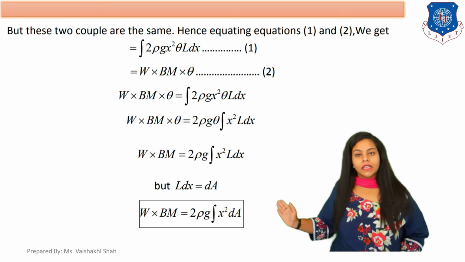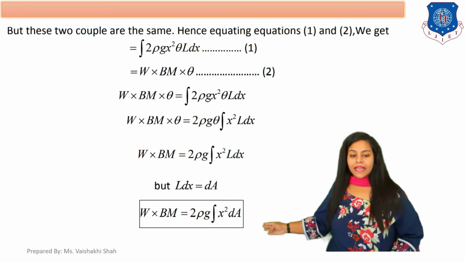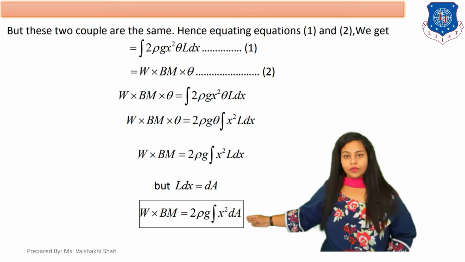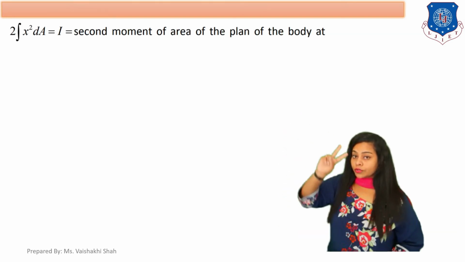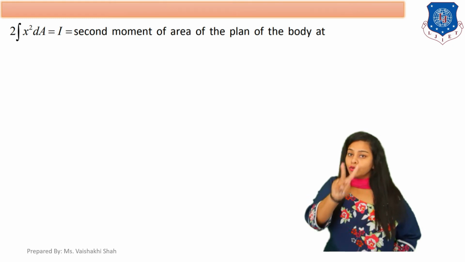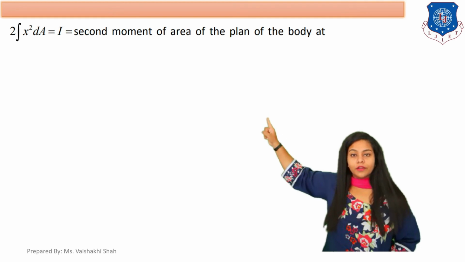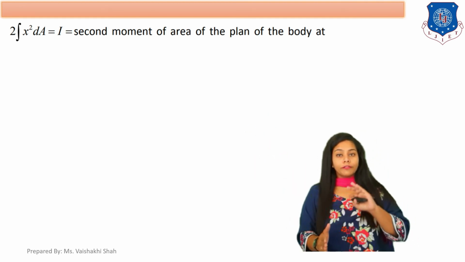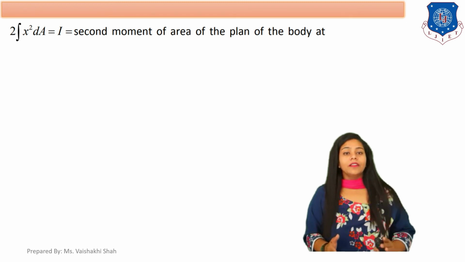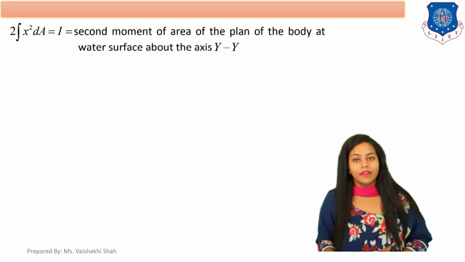Clear? So now the step is integration of x square into dA. There is a factor 2 because there are two wedges, two triangles. So 2 integration x square into dA is I, the second moment of area of the plan of the body at the water surface about the y axis.